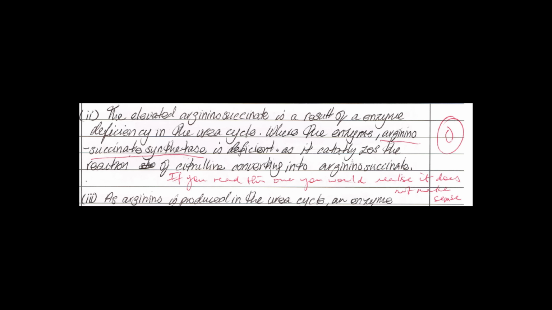Alright? So you are saying that they are elevated. Or maybe she didn't know what the meaning of the word elevated is, because elevated means increased, it's higher. So you have high levels of argininosuccinate, yet you say lower down that argininosuccinate synthetase is deficient.